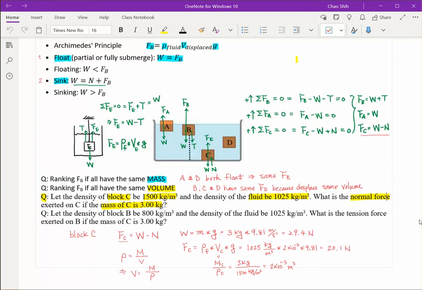After we got these two, then you can use the equation to find the normal force, because we know the normal force is equal to your W minus your buoyancy force, and W is 29.4 and buoyancy force is 20.1. That gives you 9.3 Newton.